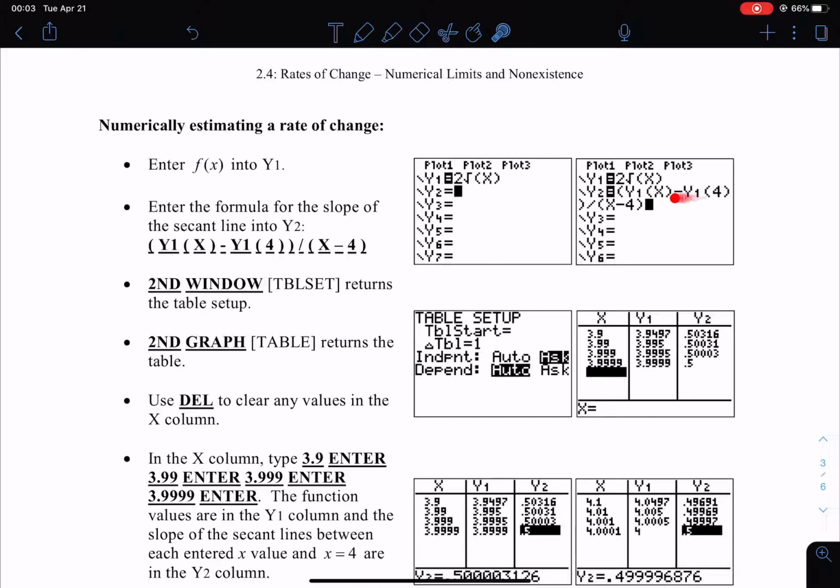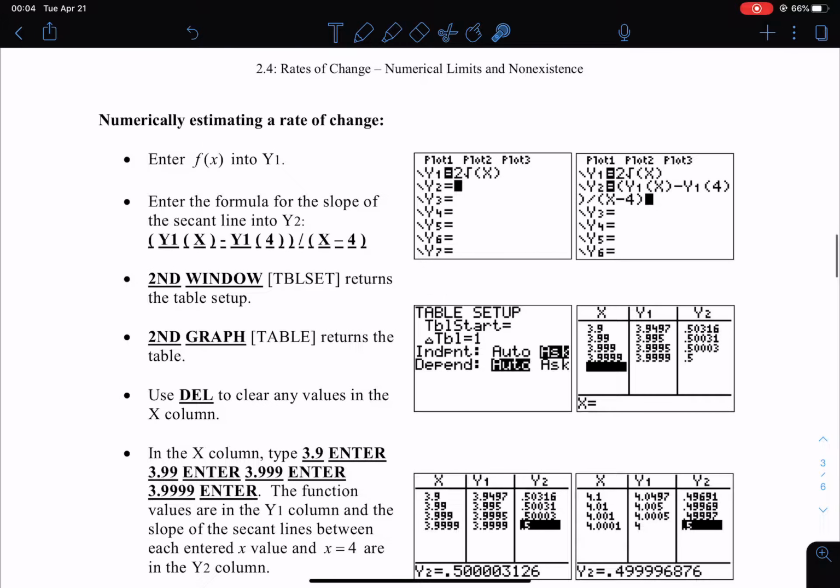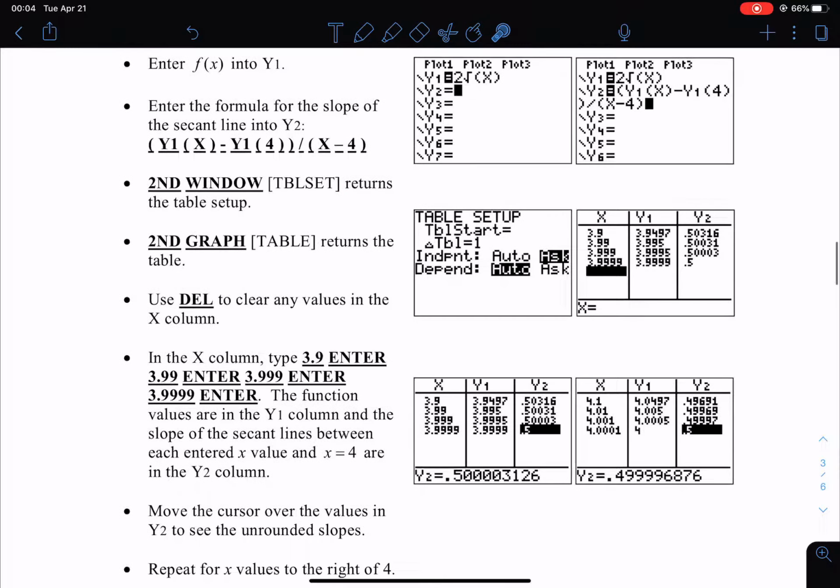Then our y2 is the slope of the secant line, that is y1 of x minus y1 of 4, divided by x minus 4. So we have 2 parentheses. And then we use the second window table side, return to this one.